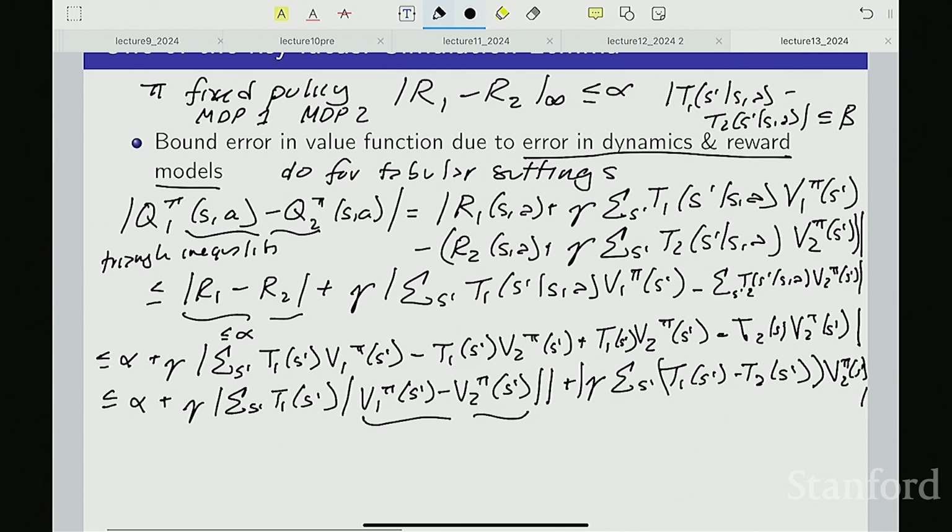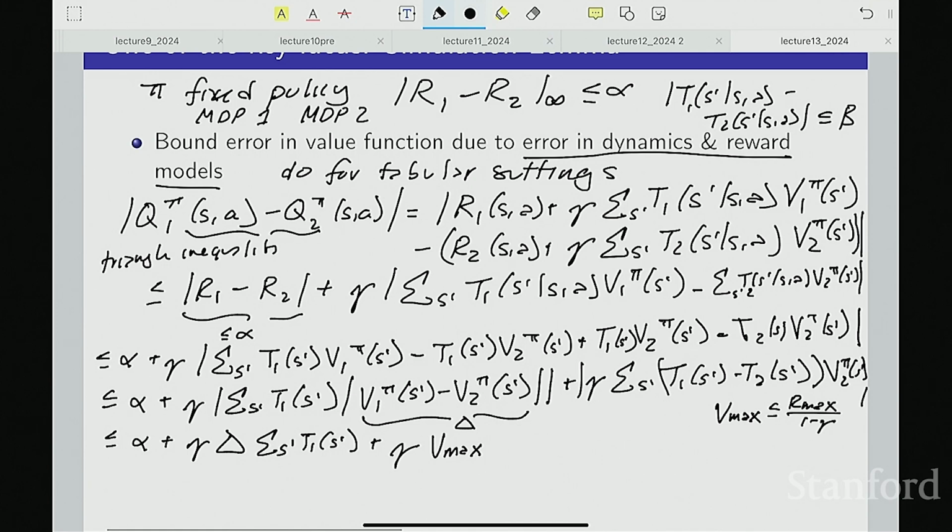This part here will be less than or equal to alpha plus gamma. Let's call this difference delta. And then if I do that, I have sum over S prime just T1 of S prime. So this could just be like a max difference in your value functions. And then for the second term, I'm going to use the fact that my value function is upper bounded. So here, R max divided by 1 minus gamma.